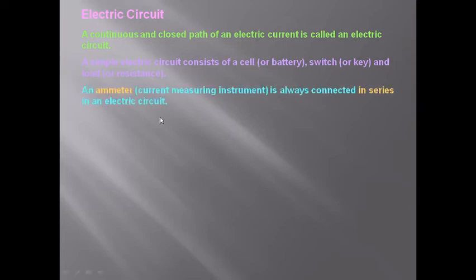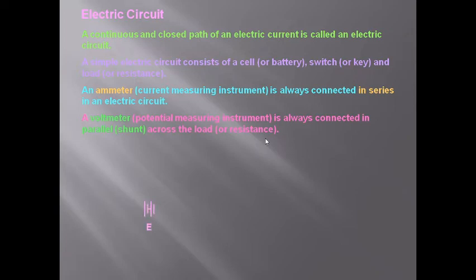An ammeter is also used in the electric circuit to measure the electric current, and is always connected in series in an electric circuit. A voltmeter, used to measure potential or voltage, is always connected in parallel across the load. We use the term shunt also.